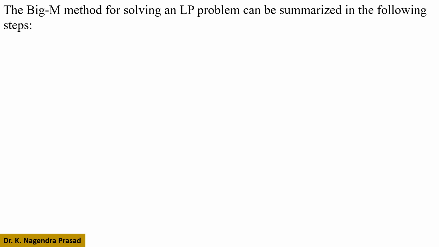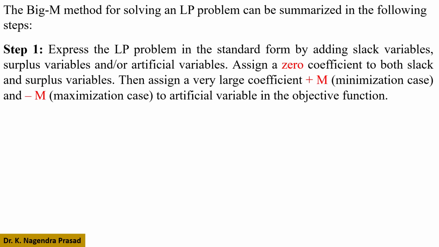The Big M method for solving an LP problem can be summarized in the following steps. Let's see the procedure of the Big M method step by step. So the first step is to express the LP problem in the standard form by adding slack variables, surplus variables and artificial variables.